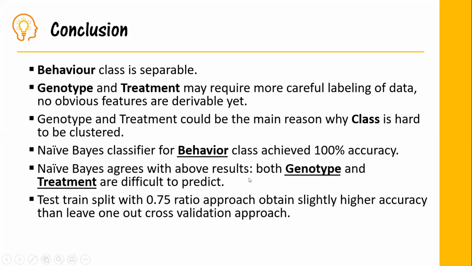It depends on the seed you set when you run the code. For the leave one out cross validation, all observations are considered. So there will be less bias and variability, and it reduces the overfitting problem. So most likely we will choose the result of the leave one out cross validation approach.